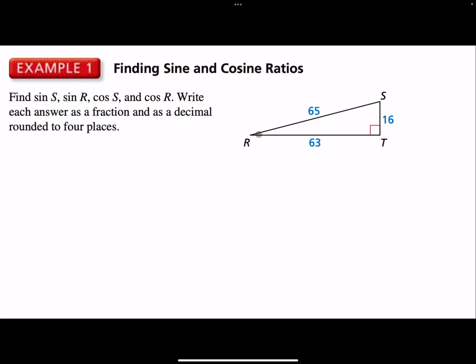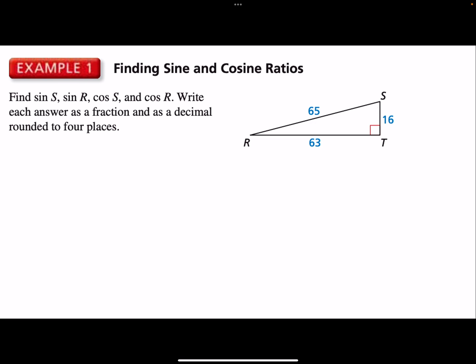Now if I do R, if I change the theta from S to R, the hypotenuse stays the same, but now instead of ST being my adjacent, RT becomes my adjacent because we're dealing with R instead of S, and the adjacent side is 63, and the opposite side now becomes ST, which is 16.